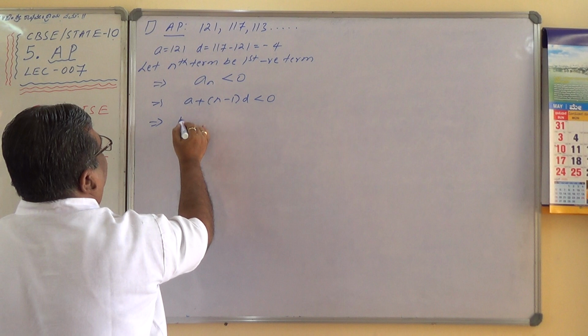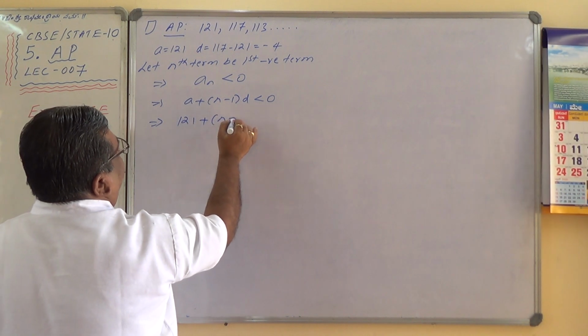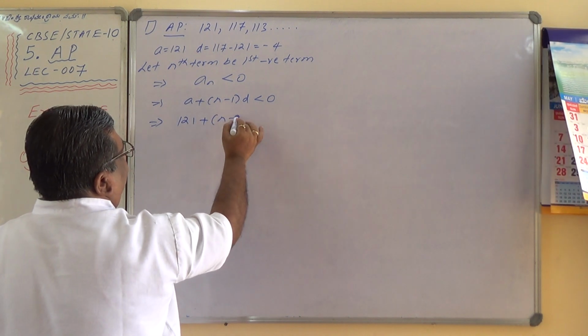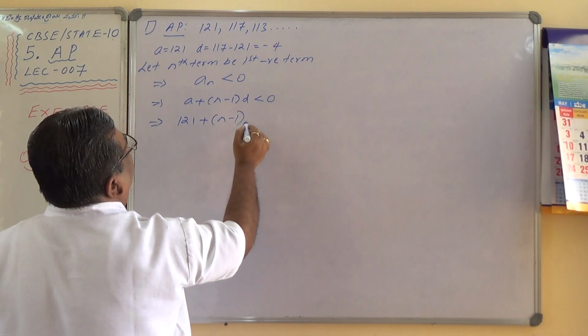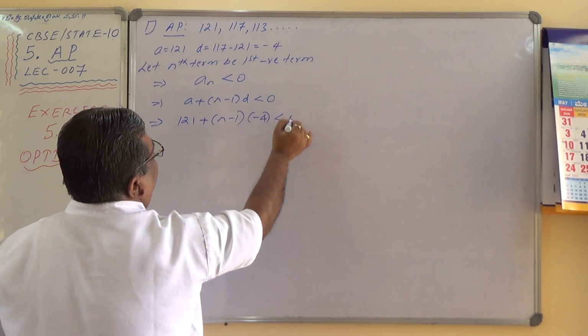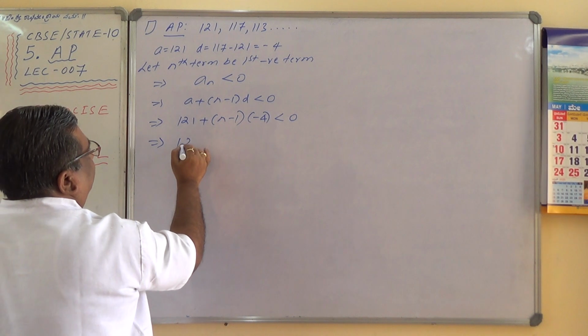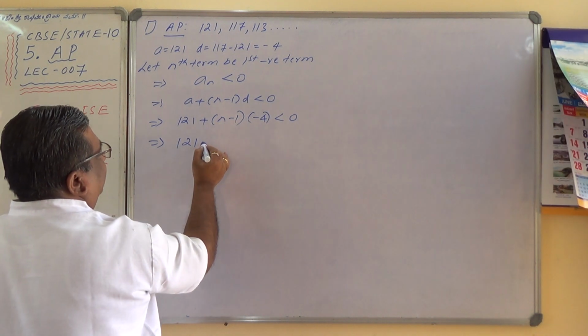A is how much? 121 plus (n minus 1), that is what we have to find out basically, times d, which is minus 4, less than 0.